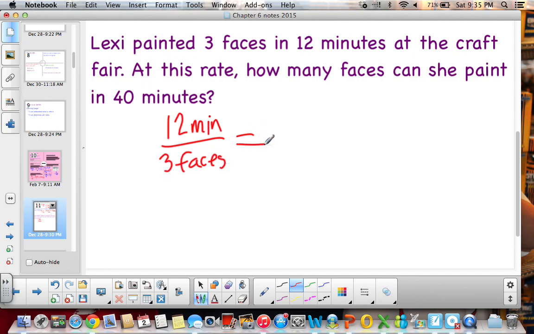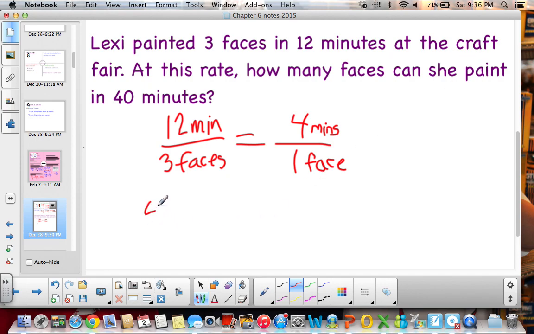Now we divide both the numerator and the denominator by 3 because we divide by our denominator. So 12 divided by 3 we know is 4. So if it's 4 minutes per face, now at this rate, how many faces can she paint in 40 minutes?